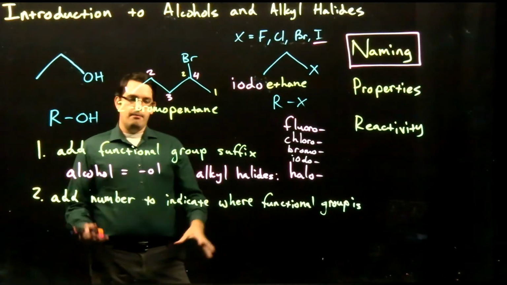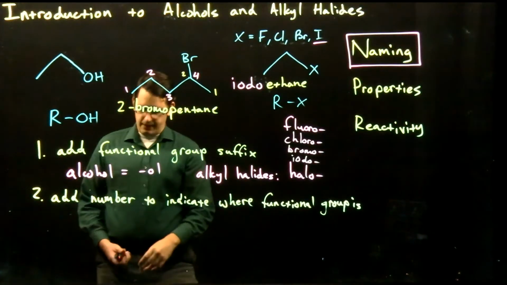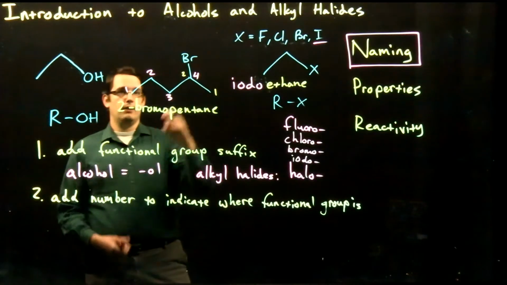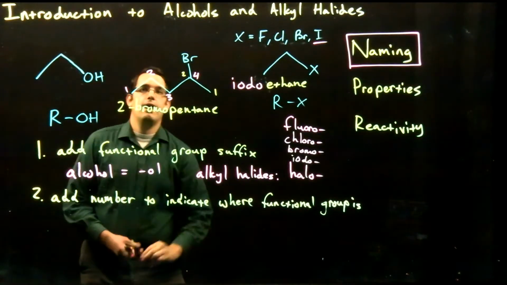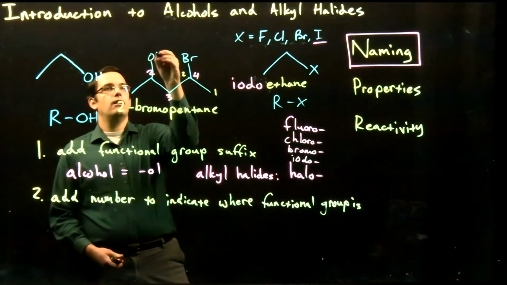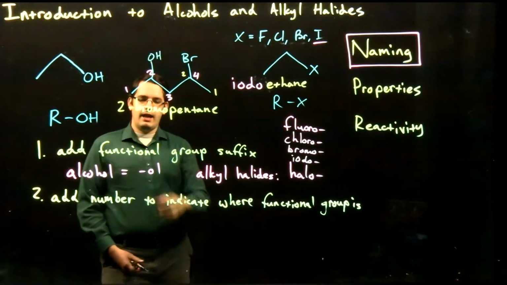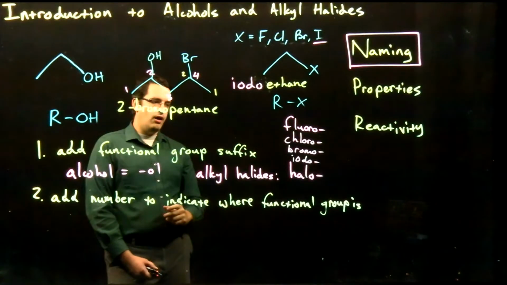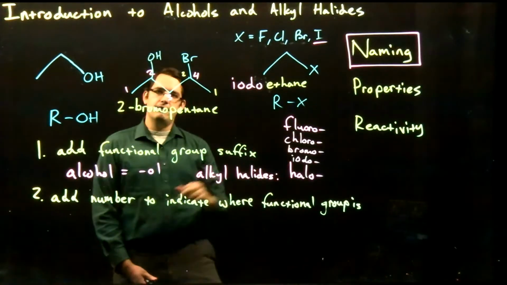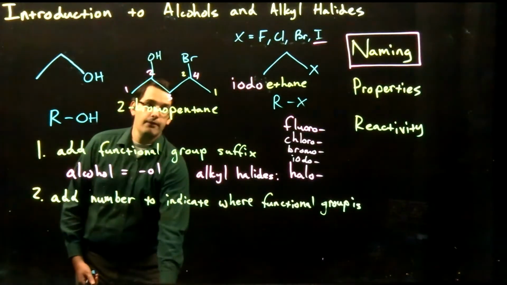If I have both functional groups combined in the same molecule, so let's say I have an alcohol functional group on here as well, I just need to add the suffix for my alcohol in addition to the prefix for my alkyl halide.